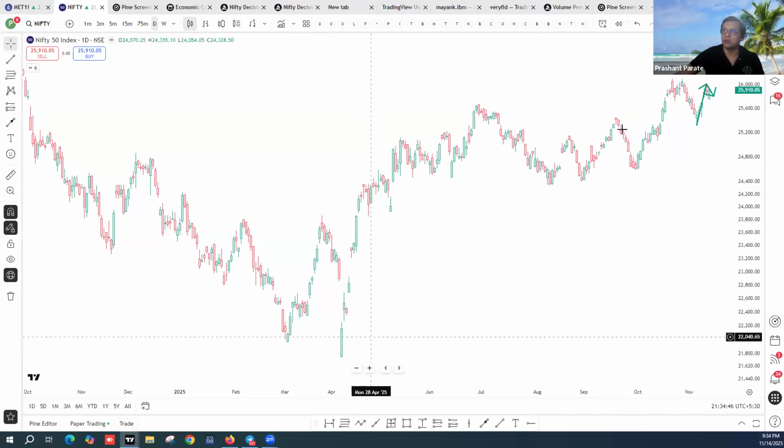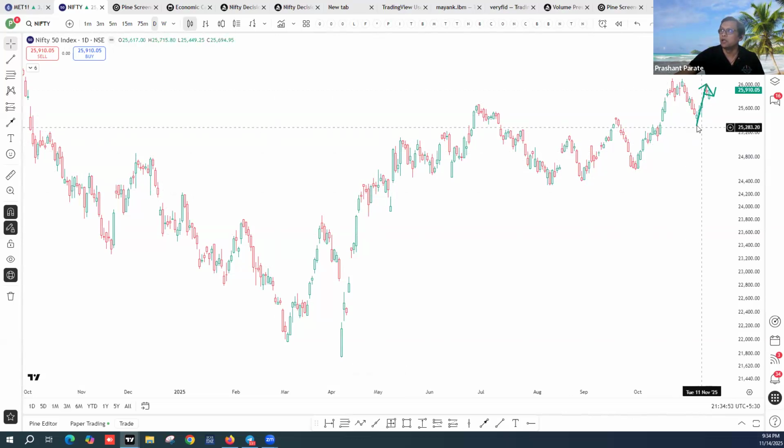You have taken entry. Suppose you got a good entry somewhere here, and you are now just following the trend, and there is a swing low here and you want to trail the stop loss. You can manage that much after taking the trade on mobile. Don't make the initial first decision on mobile.